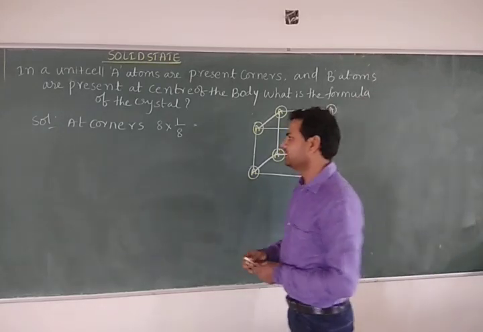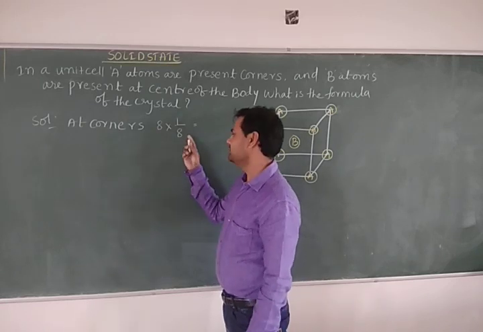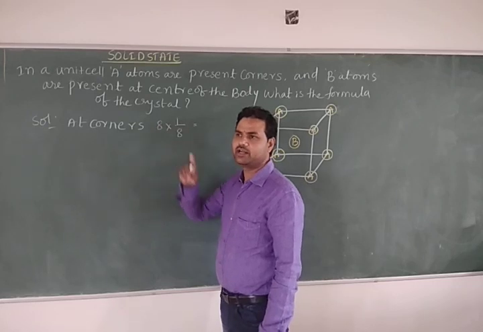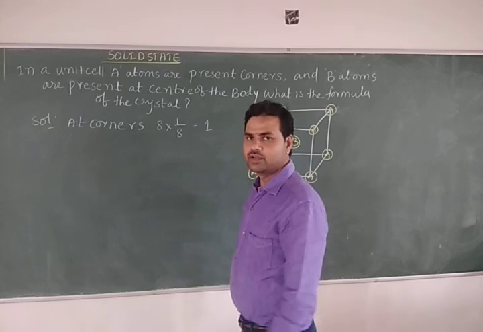Once again, each atom at the corner contributes 1 by 8. How many atoms are located at the corner? 8. Therefore 8 into 1 by 8 becomes 1.